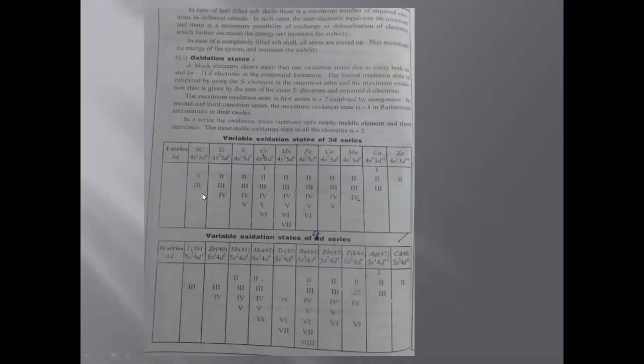Now coming to the continuation part of transition elements. In case of half-filled subshells, there is a maximum number of unpaired electrons in different orbitals.